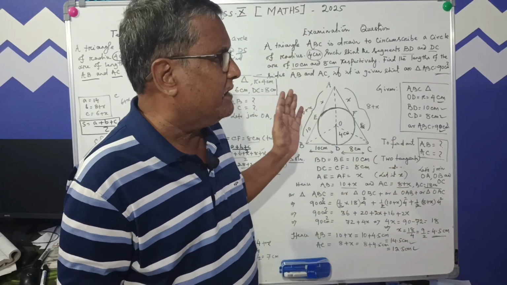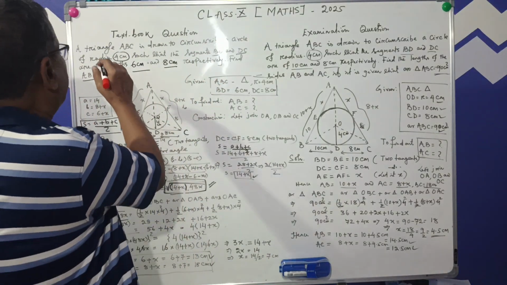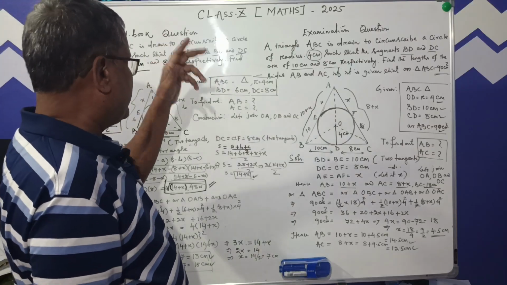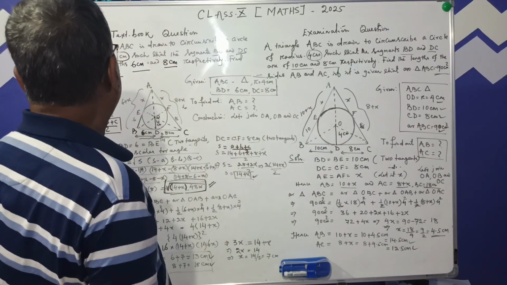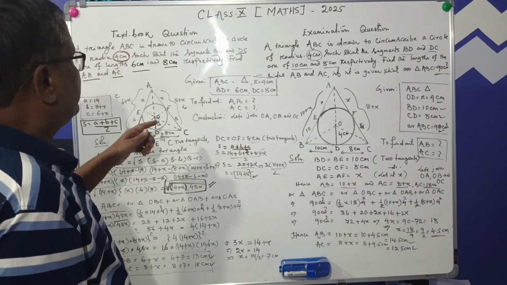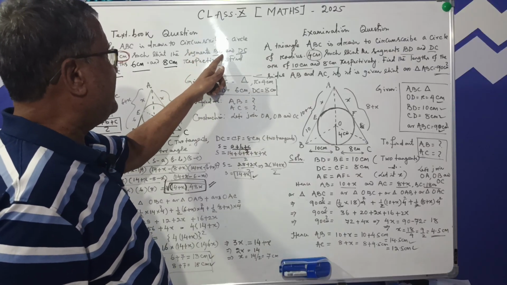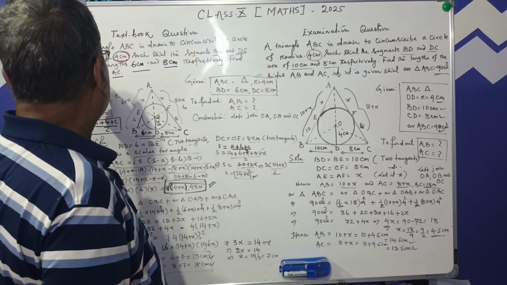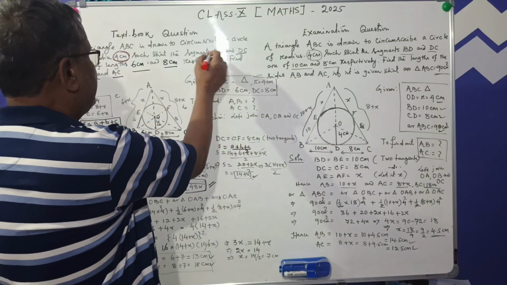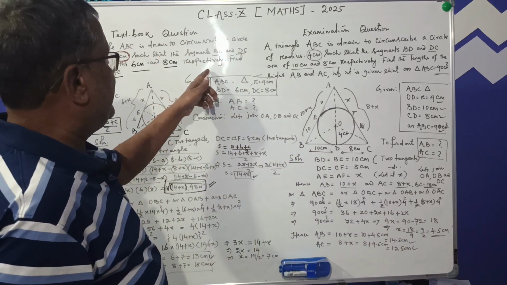So let's discuss the first problem: a triangle ABC is drawn to circumscribe a circle of radius 4 cm, so that the segments BD and DC are of length 6 cm and 8 cm respectively.